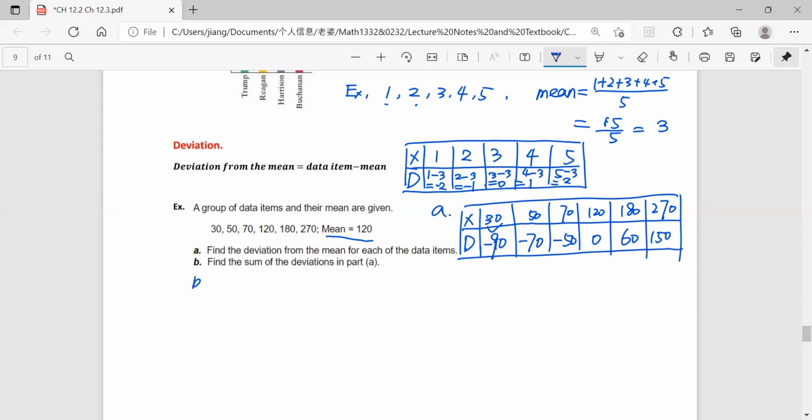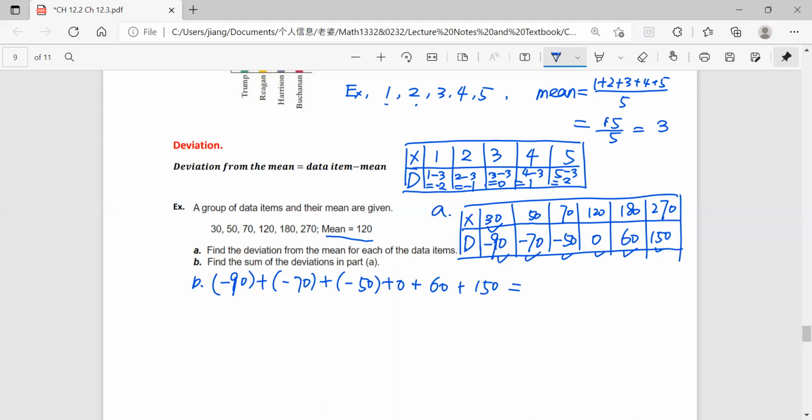How about part B? Find the sum of the deviations in part A. That means I can sum up all of these deviations: negative 90 plus negative 70 plus negative 50 plus 0 plus 60 plus 150. What's the number?